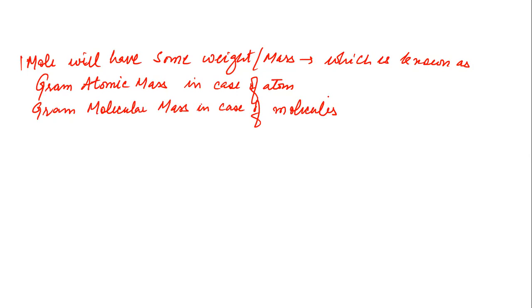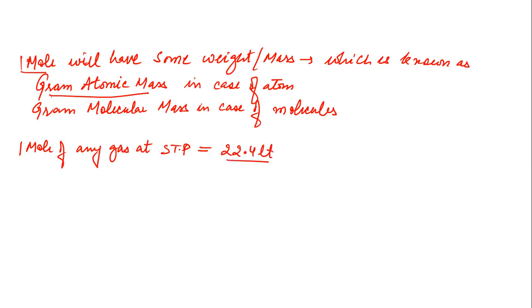So gram atomic mass is simply the mass of 1 mole of particles. And 1 mole of any gas at STP, standard temperature and pressure, is equal to 22.4 liters of volume. So any gas at STP, if it is 1 mole, will occupy that much volume.